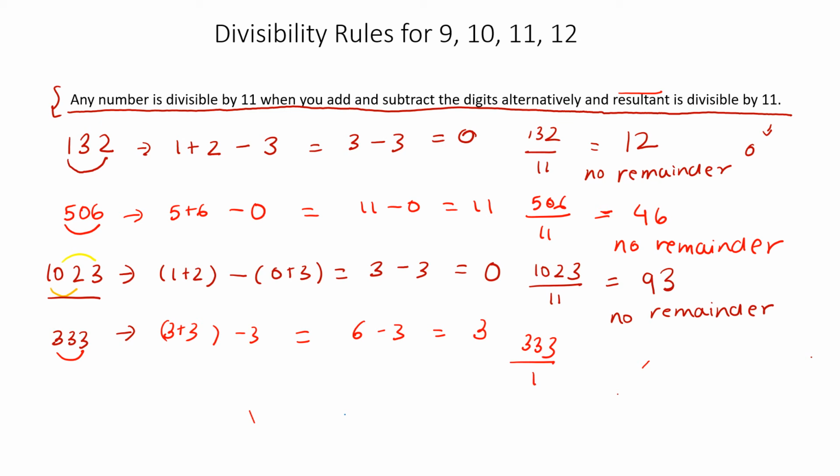333 divided by 11. Now that goes for 3. And here, then it would be, oh, that went to highlighter mode. There you go. 0. Sorry, still in highlighter mode.